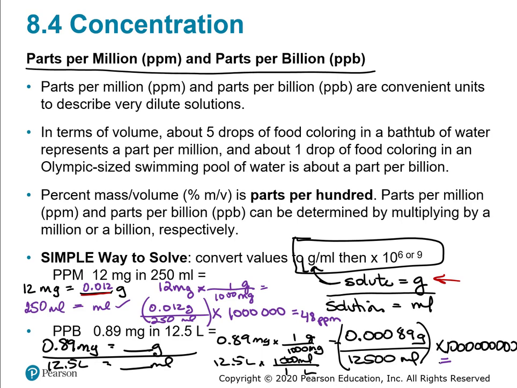Did you get a number? I got 71.2. And that's ppb, parts per billion. So it's pretty straightforward. As long as you put solute in grams, solution in mils, then just multiply times a million or a billion.